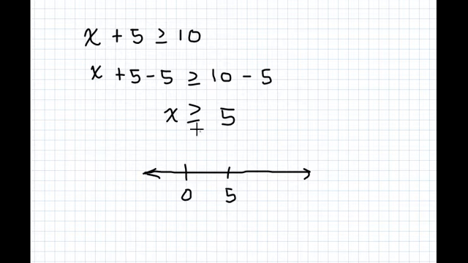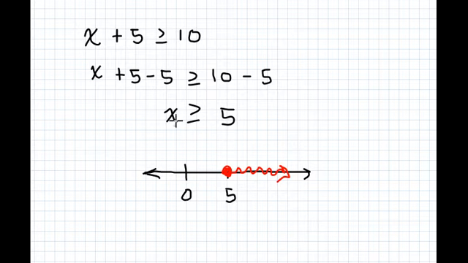Because this has an equal sign, we include the equal. So I'm going to put a filled in dot here because it includes 5, and then everything greater than or equal to 5.